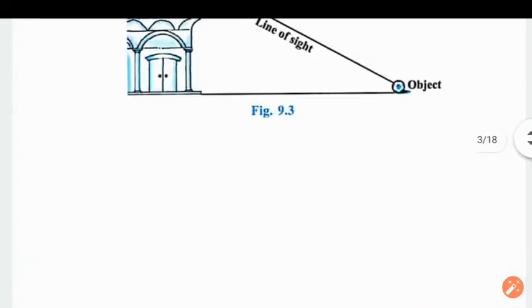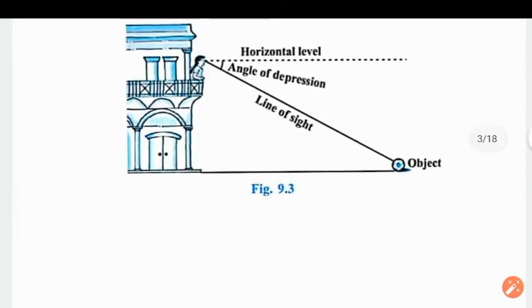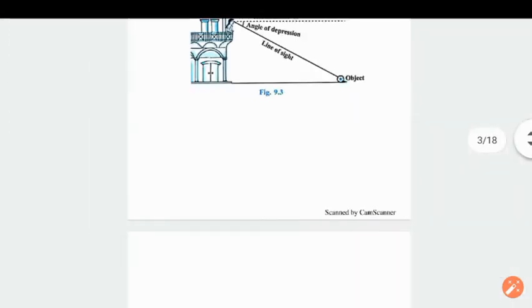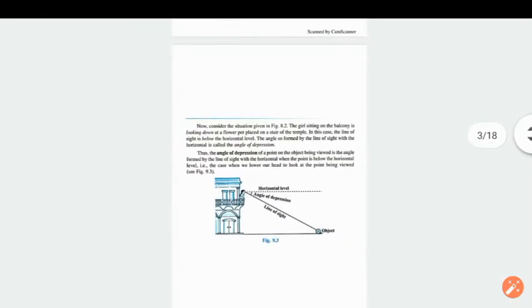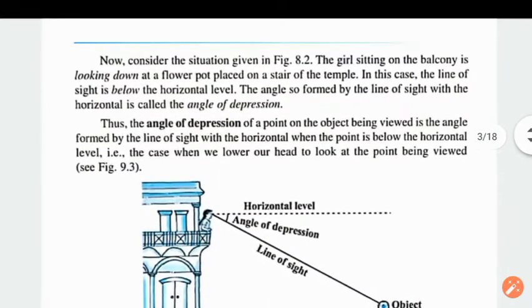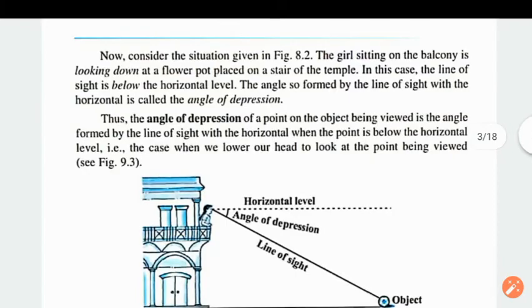So, the line of sight and the horizontal make an angle when you watch something from down to up or from up to down. Okay. So, from down to up the angle is called the angle of elevation, and from up to down the angle is called the angle of depression. So, let me show you the exercise which we are going to solve.